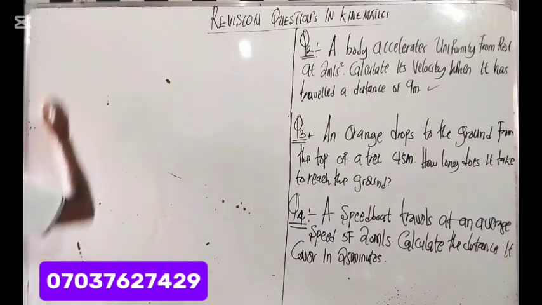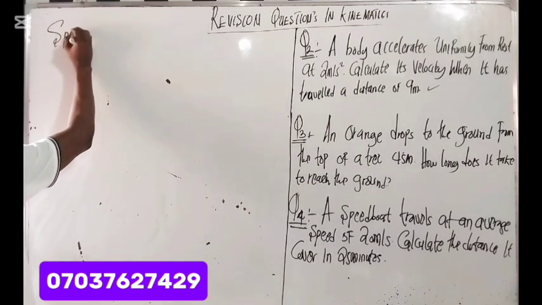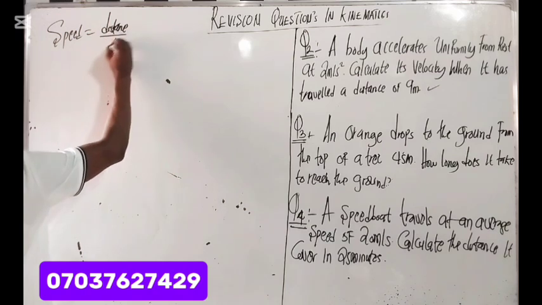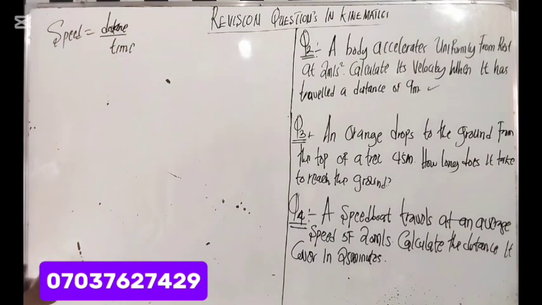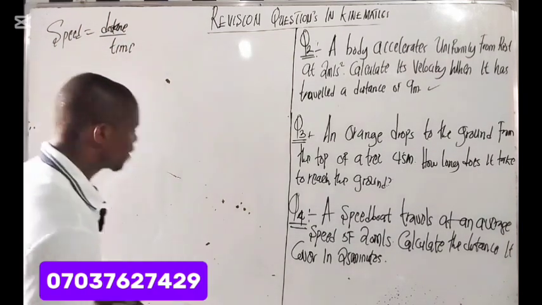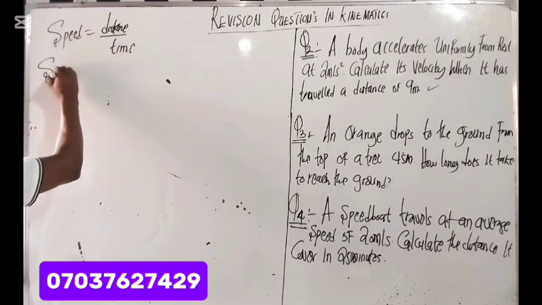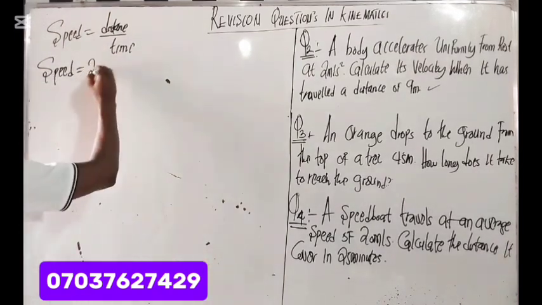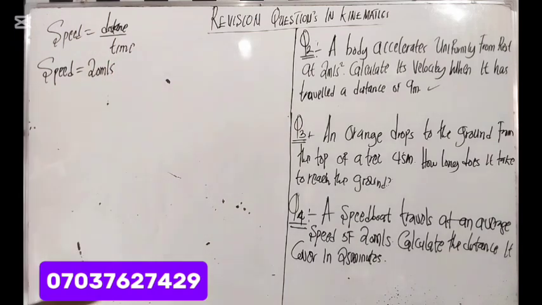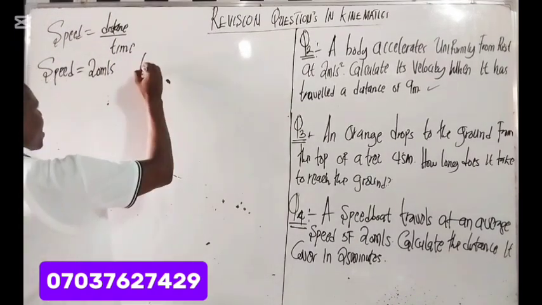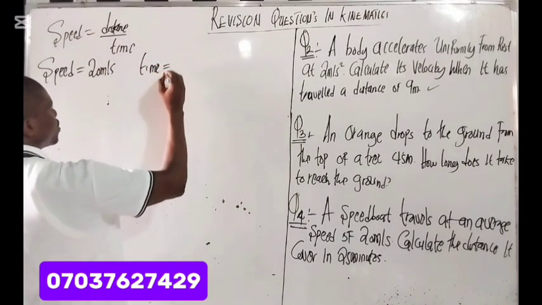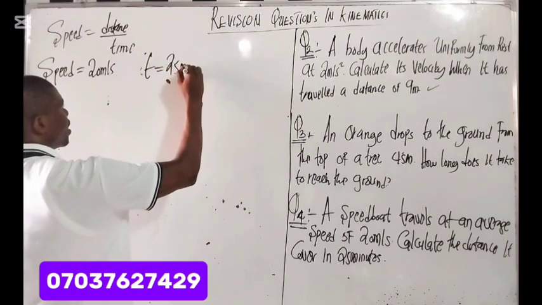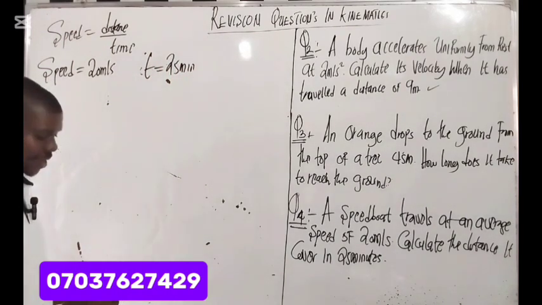Now, what is speed? Speed is distance over time. Now they say that my average speed is 20 meters per second here. Now what is my time? My t is 25 minutes.